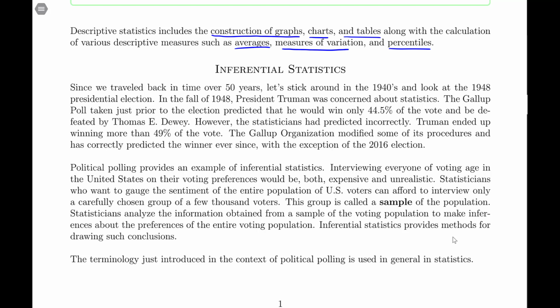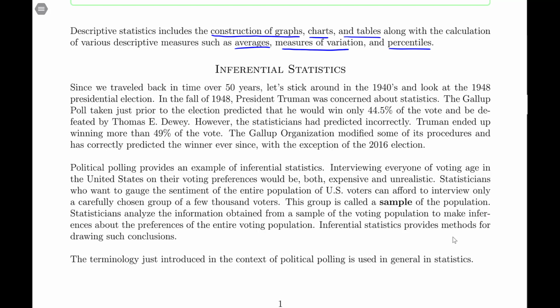During the election, President Truman was concerned with whether or not he was going to win re-election. And the Gallup poll that was taken just prior to the election predicted that he would win only 44.5% of the vote and be defeated by Thomas E. Dewey. However, the statisticians had predicted incorrectly.